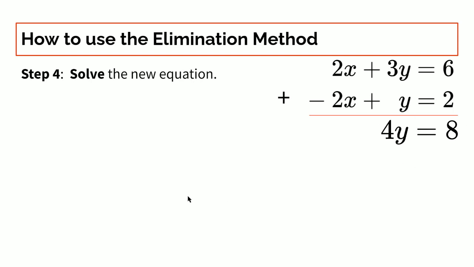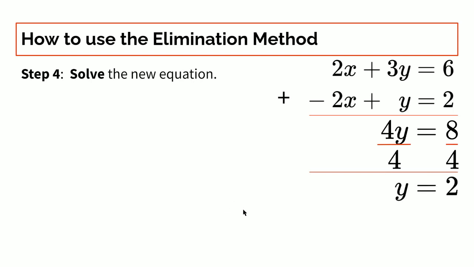Typically, if you've done step 3 correctly, all you should need to do is divide by the coefficient in front of the variable. So here we're going to divide both sides by 4. Those 4's will cancel, and 8 divided by 4 is 2, so y is equal to 2.